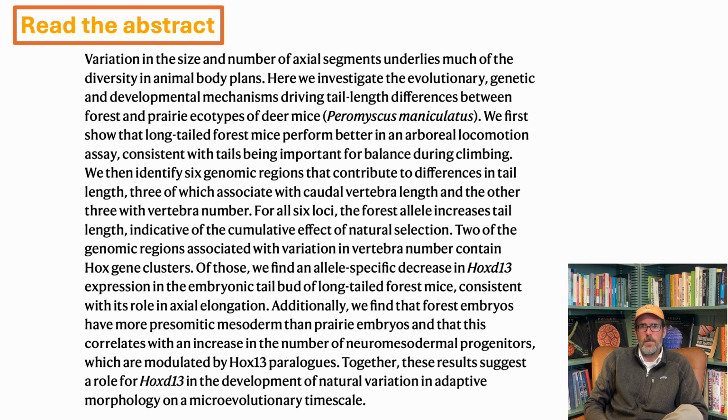We then identify 6 genomic regions that contribute to differences in tail length, 3 of which associate with caudal vertebra length, and the other 3 with vertebra number. For all 6 loci, the forest allele increased tail length, indicative of the cumulative effect of natural selection.